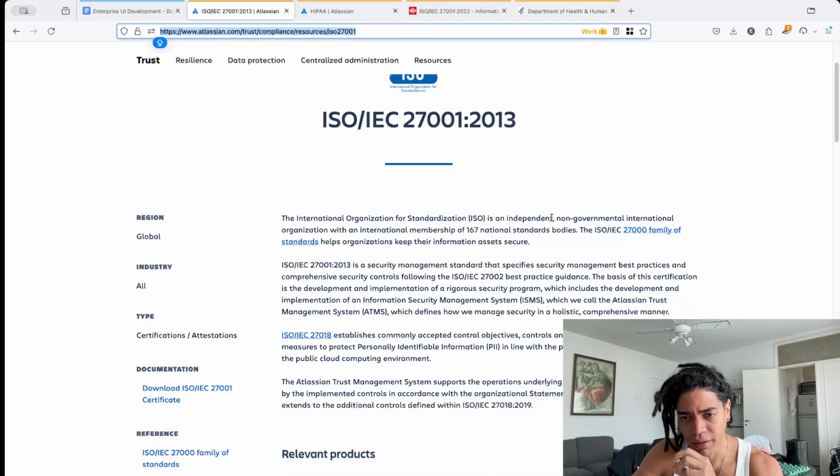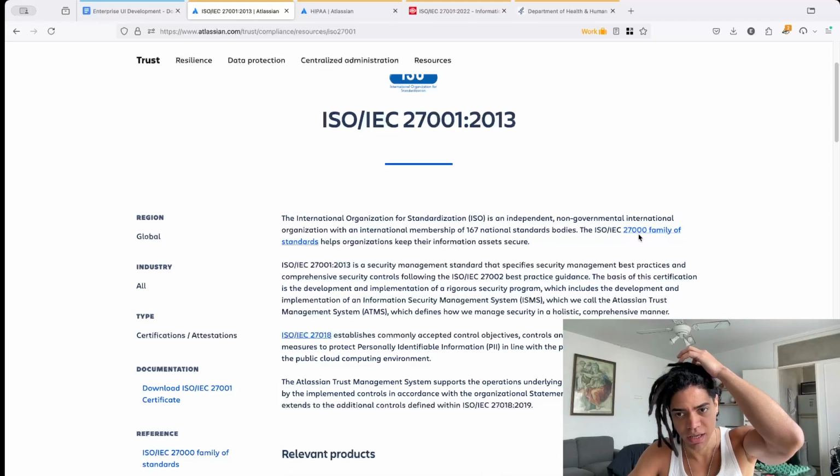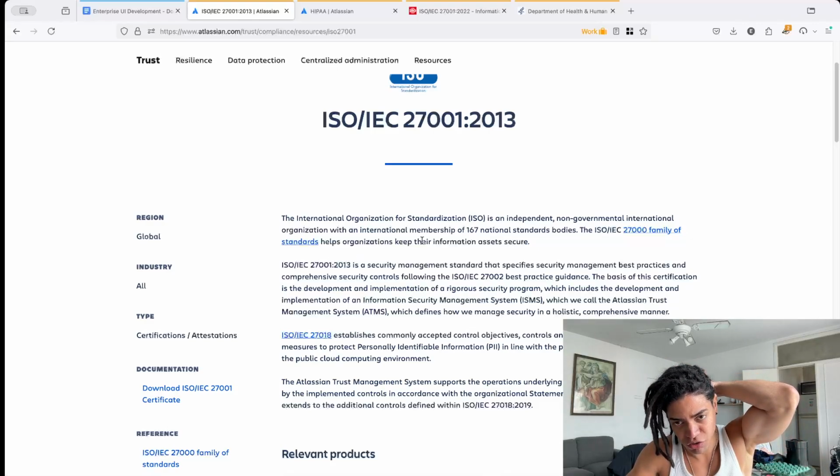It's an independent, non-governmental organization with an international membership of 167 national standards bodies. The ISO/IEC 27000 family of standards helps organizations keep their information assets secure.